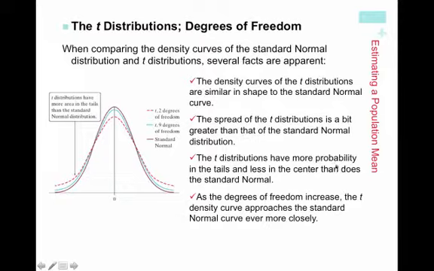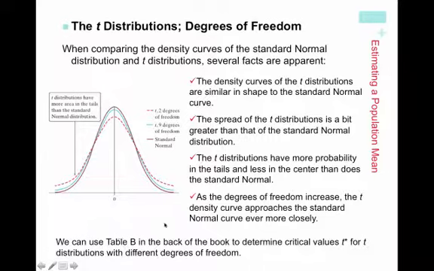The t-distributions have more probability in the tails and less in the center. It's more spread out. There's more variation. So we don't use table A. We use table B in the back of the book in our formula packet to determine our critical values, t star, for t-distributions with different degrees of freedom.